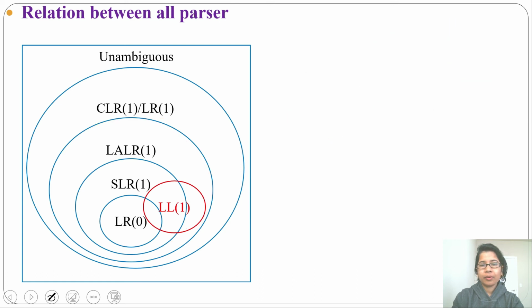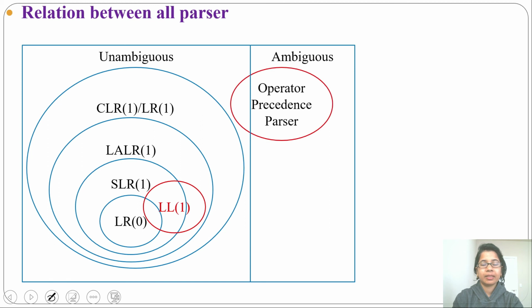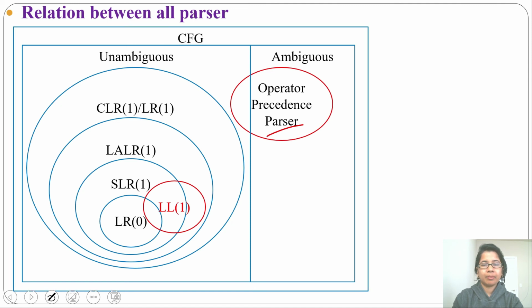So this is all about unambiguous grammars. Then there is another set of grammars that is ambiguous. One parser can accept ambiguous grammar, that is the operator precedence parser. Operator precedence parser can accept ambiguous plus unambiguous. This is the only parser that will accept ambiguous grammar. And context free grammar is of two types, either ambiguous or unambiguous.